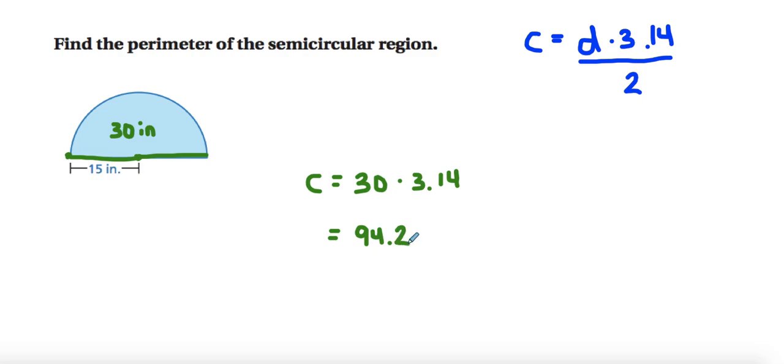But I'm not finished yet because this answer represents the circumference of a full circle and we only have half. So I'm going to take my answer and I'm going to divide by 2. 94.2 divided by 2 is equal to 47.1 inches.